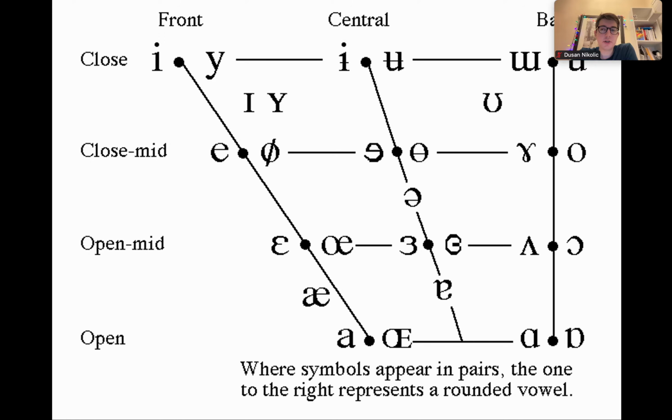So these are the IPA chart symbols, or the symbols of all the vowels used contrastively in the world in the IPA, right? These come to you for free right now, as well as these. So all of these English vowels that we've learned about, they come to you for free.